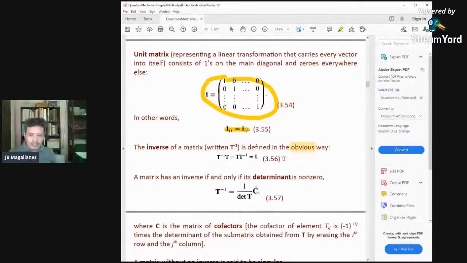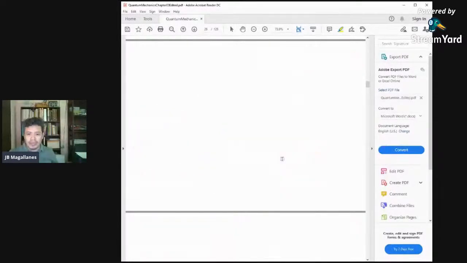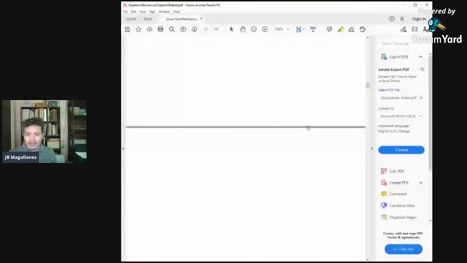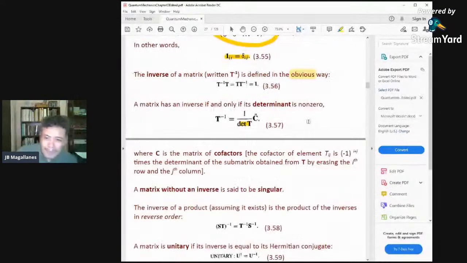How can you find the determinant of the matrix? The determinant of the matrix is denoted by det of T here. I know you know how to get the determinant.